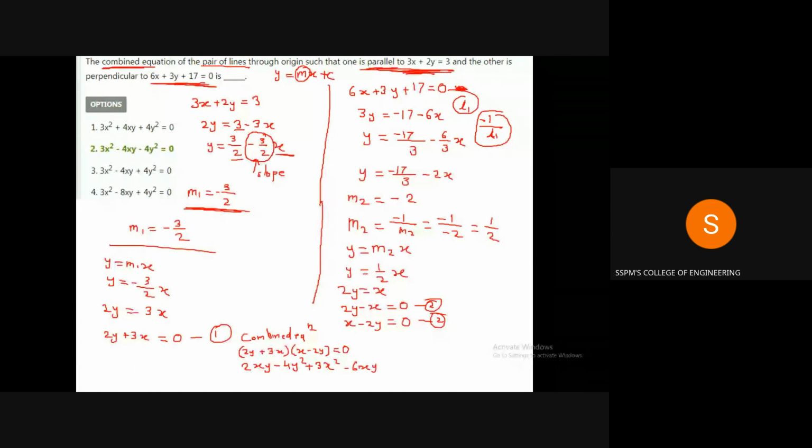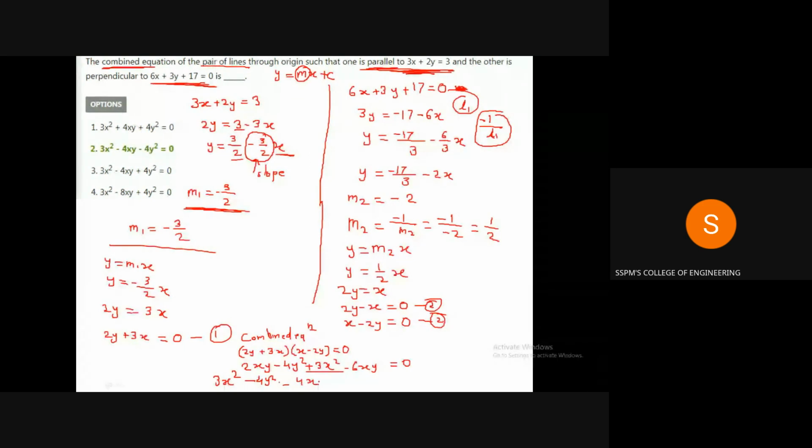So what is the equation? First we will write 3x square, this term first. 3x square minus 4y square, then 2xy minus 6xy is minus 4xy.